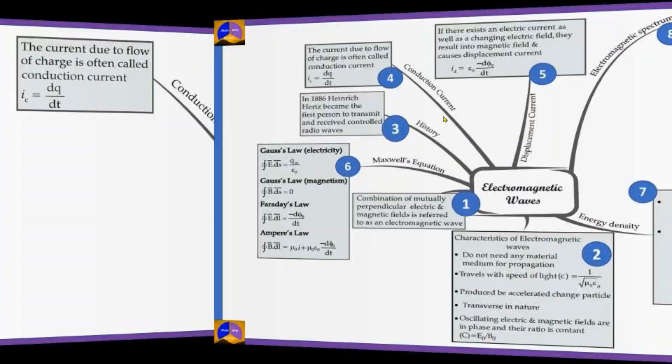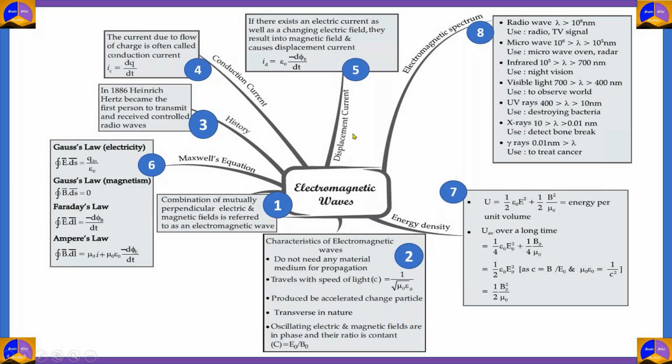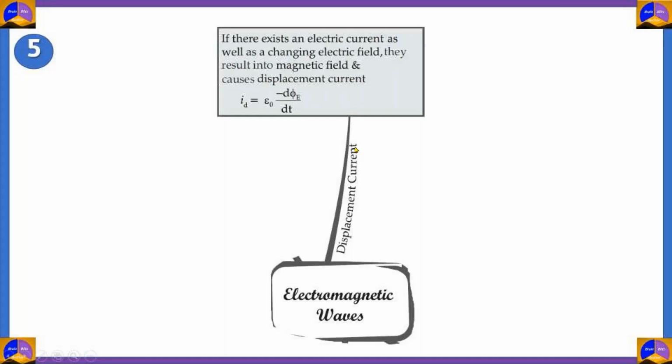However, Maxwell's studies have put forth a new kind of current, that is displacement current. In displacement current, the current arises due to the change in electric field. It is denoted by ID.